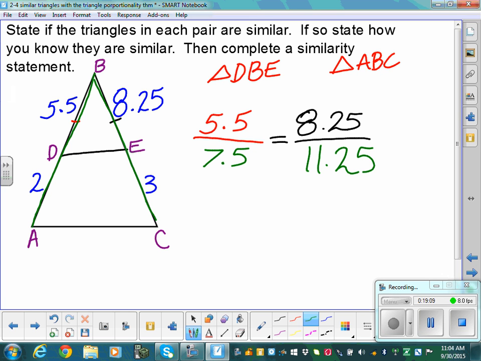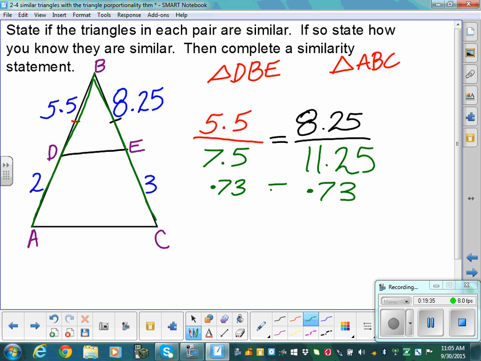So check on your calculator. Are these ratios the same? Well, how do you know then? You have to do the math. Tell me, what is 5.5 divided by 7.5? 0.73? What's 8.25 divided by 11.25? 0.73.